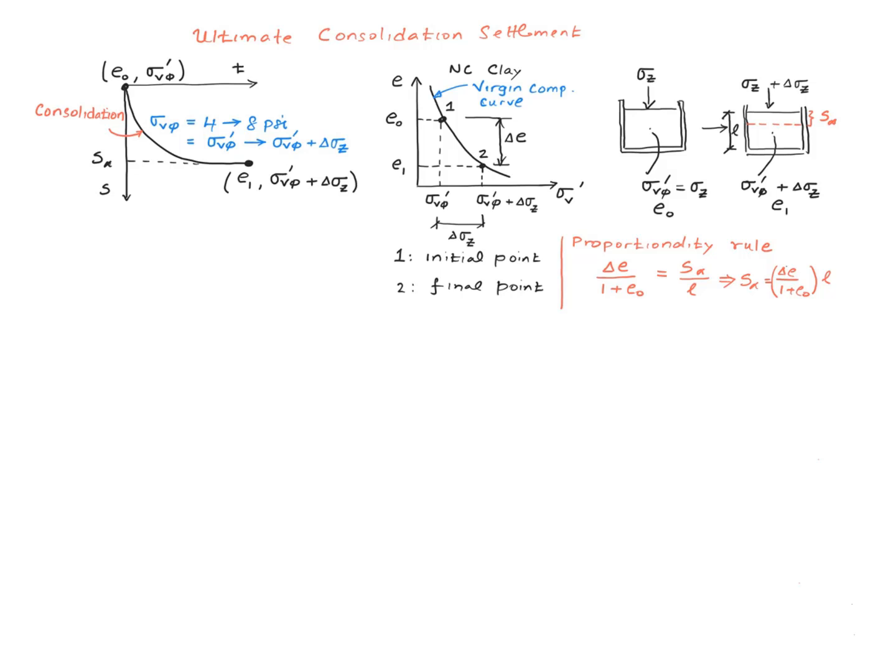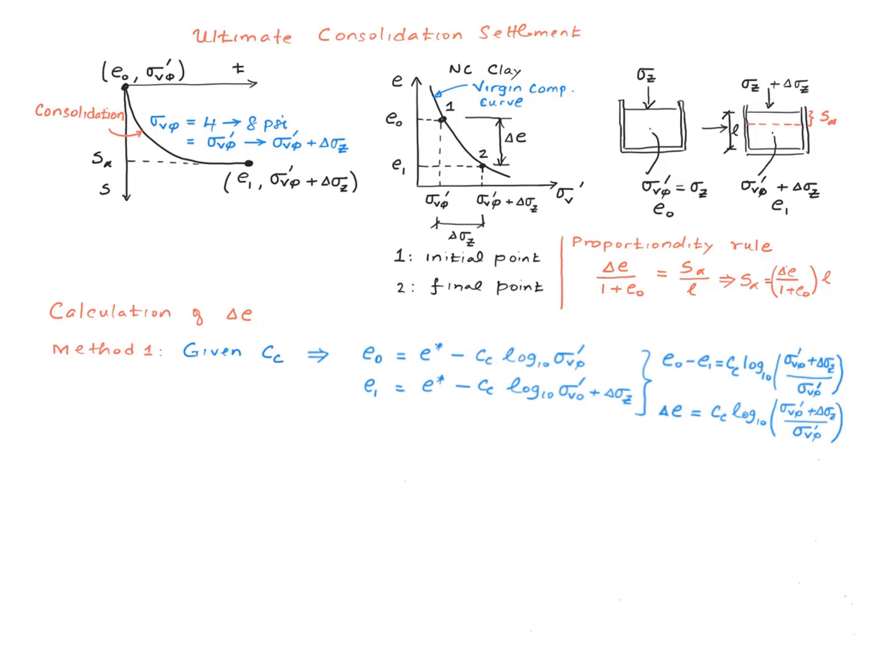Now the next question is, how do we calculate delta e? Supposing, say, we are given the compression index C sub c. First I take the void ratio and the vertical effective stress at the initial point 1 and substitute them into the equation of the virgin compression curve and I get this equation, right?